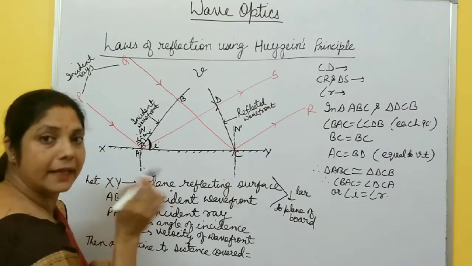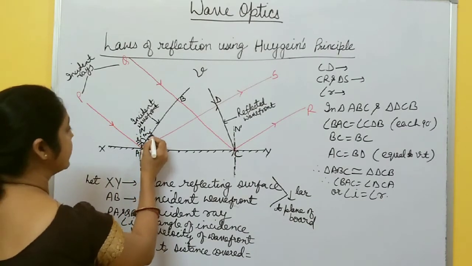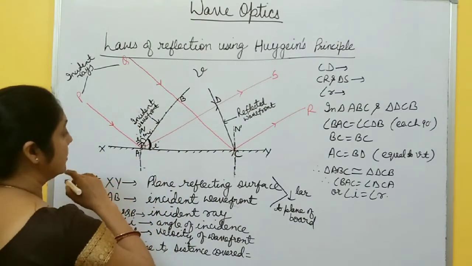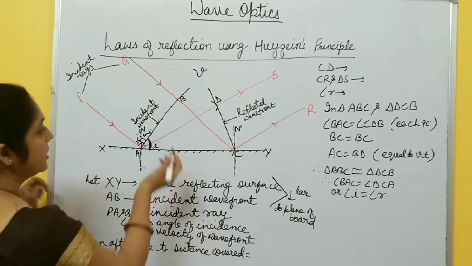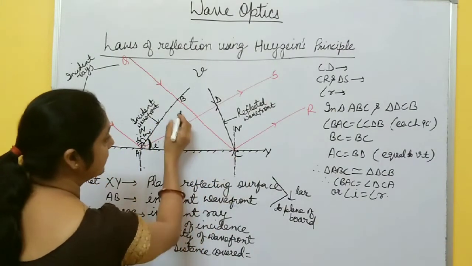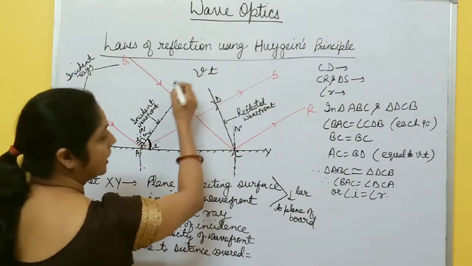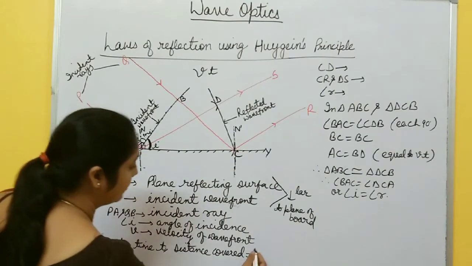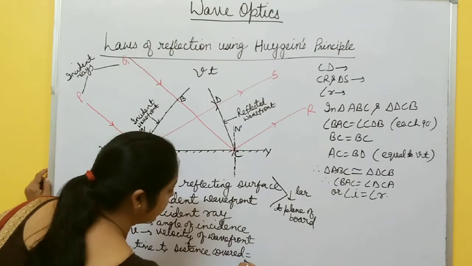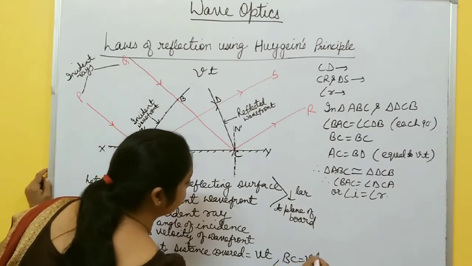According to Huygens' principle, each point on the wavefront acts as a source of secondary disturbance. So after time t, suppose the disturbance from point B reaches point C. The velocity is v and the time is t, so the total distance travelled by B to reach C is vt. You can write BC is equal to vt.